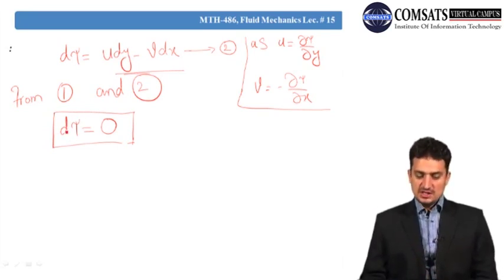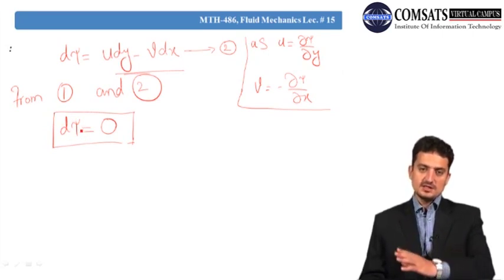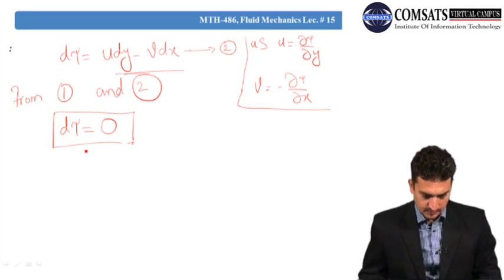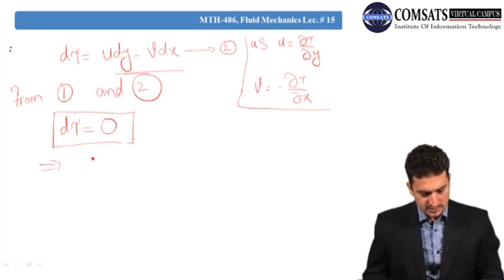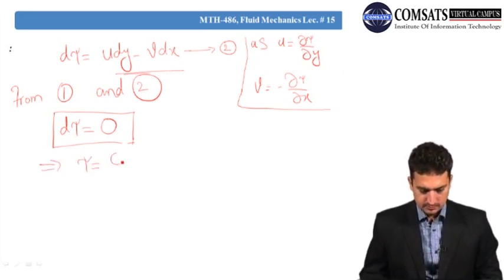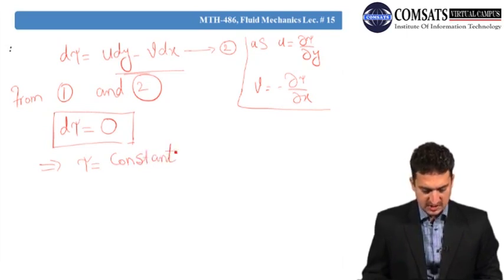Now this is the change in psi, d psi, and this is equal to 0, so we can write psi is equal to constant.